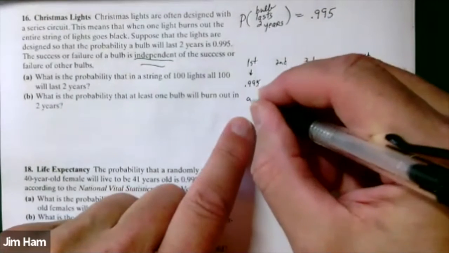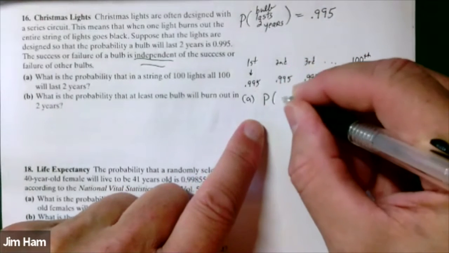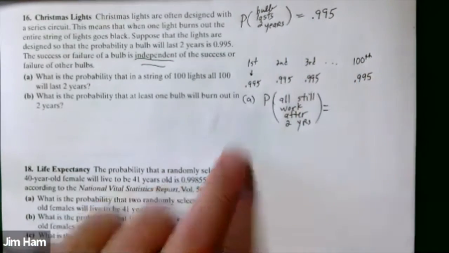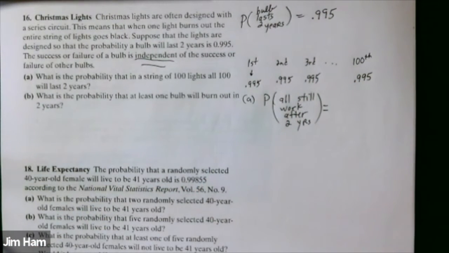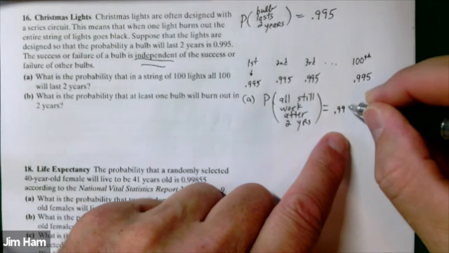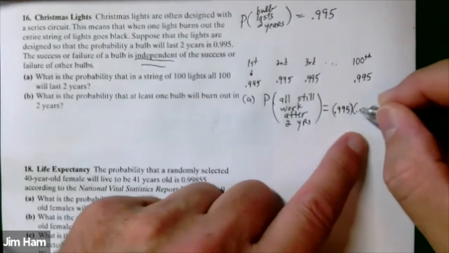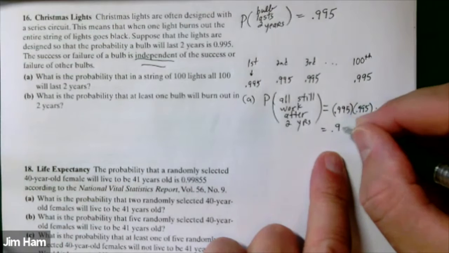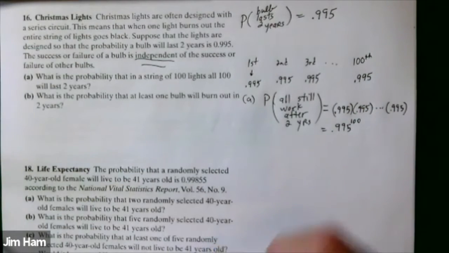So part A, the probability that all still work after 2 years is equal to the probability that the first one lasts for 2 years and the probability that the second one lasts 2 years, and so on. So you're going to be multiplying 0.995 times itself 100 times. And we have a shorthand notation for that in math. We use exponents.